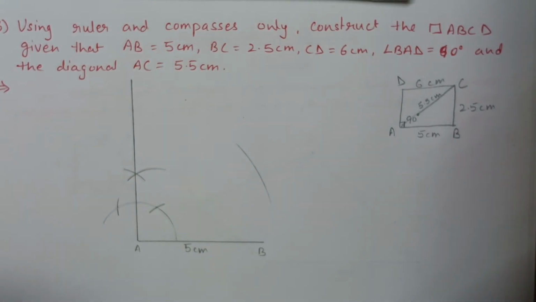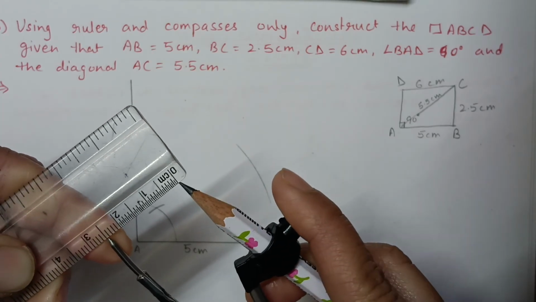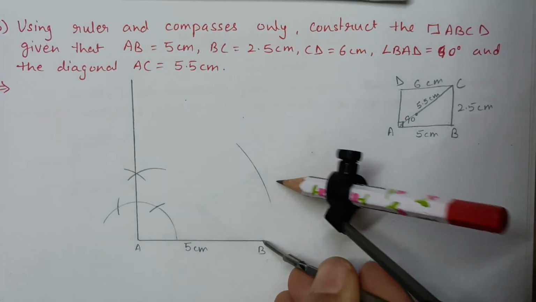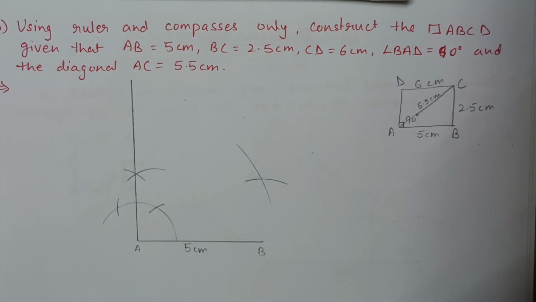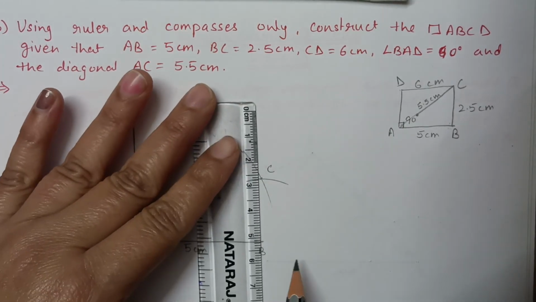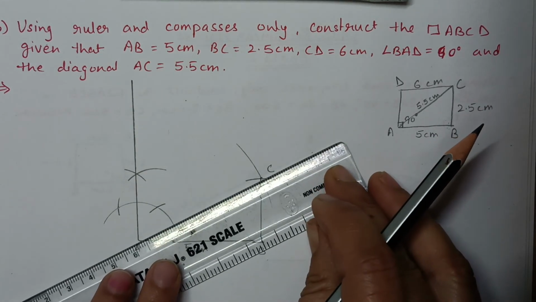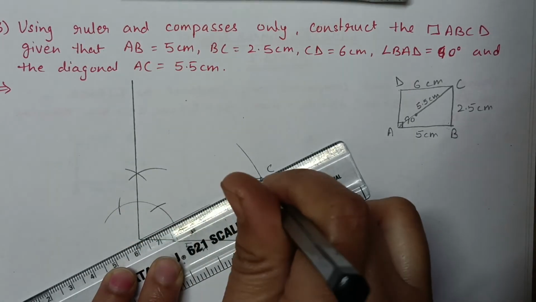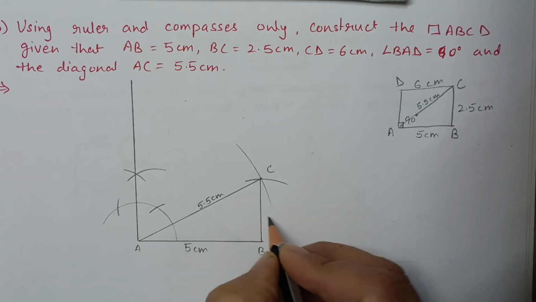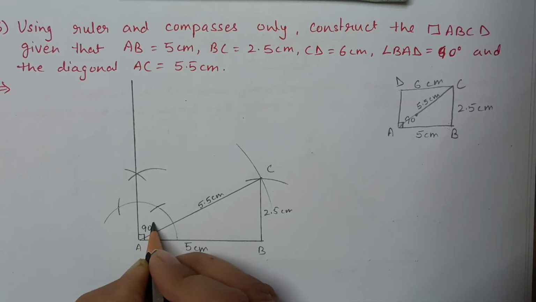From B take 2.5 centimeter and put another arc. This is point C. You can join B to C and A to C. This is 5.5. This is 2.5 centimeter. This angle is 90 degree.